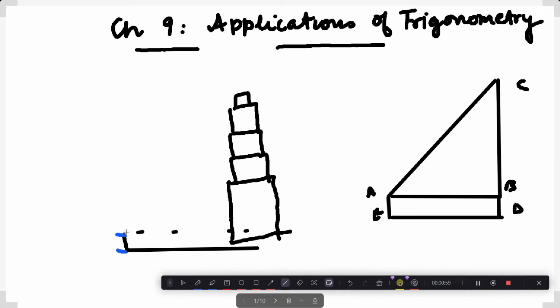So what we do is we draw a line from the top of the tower to this point.